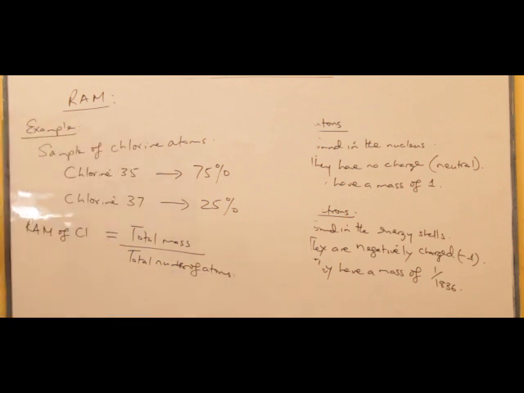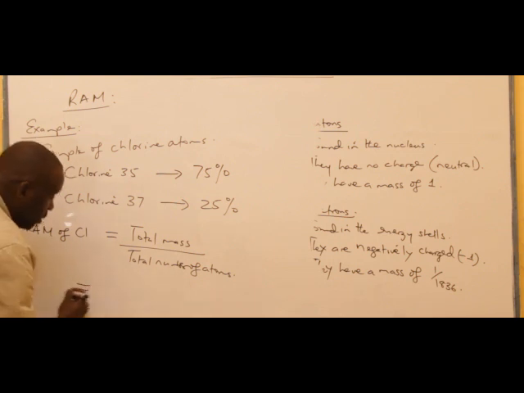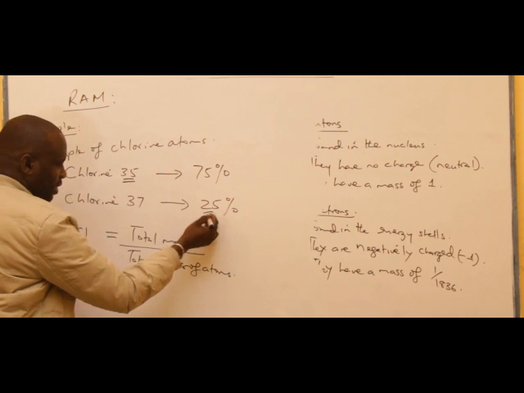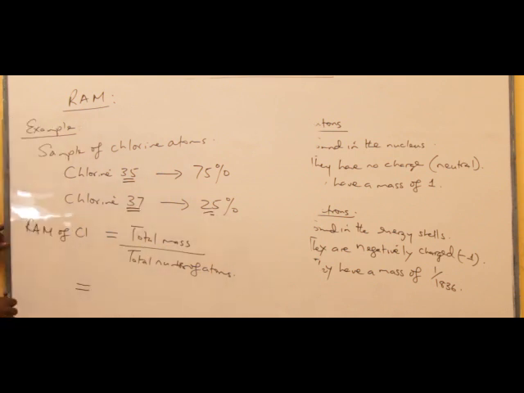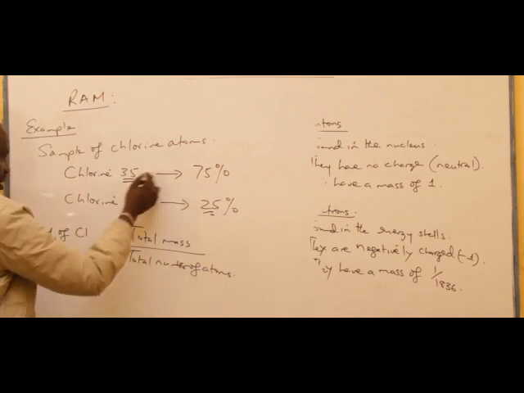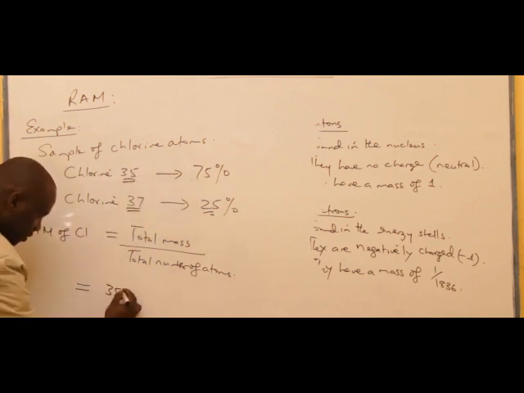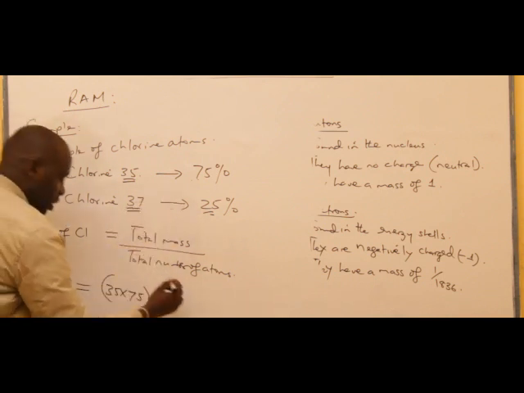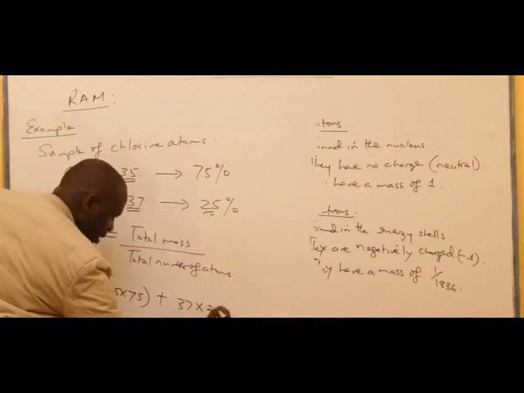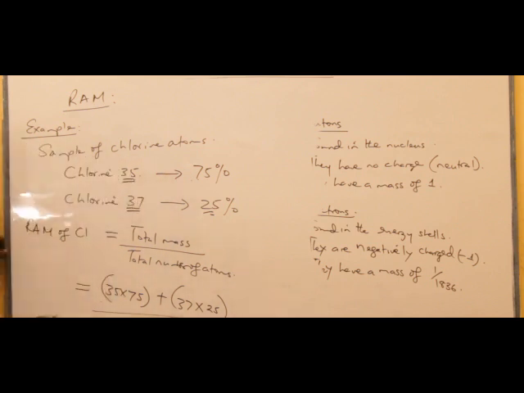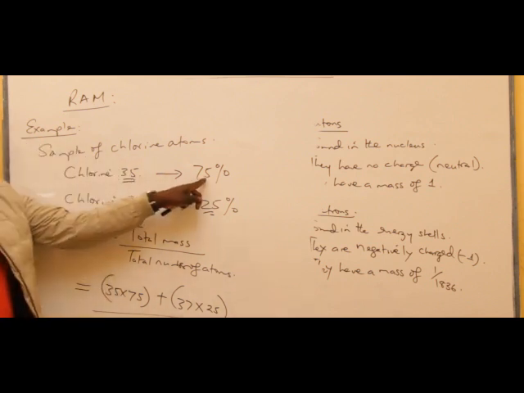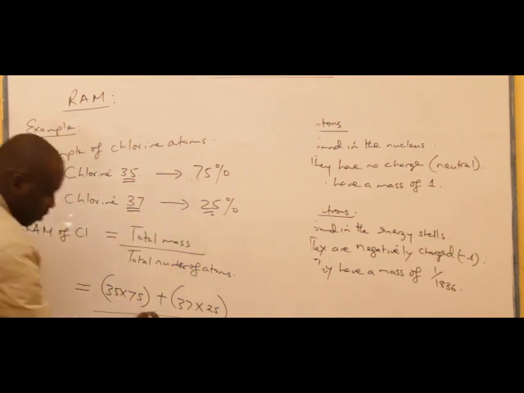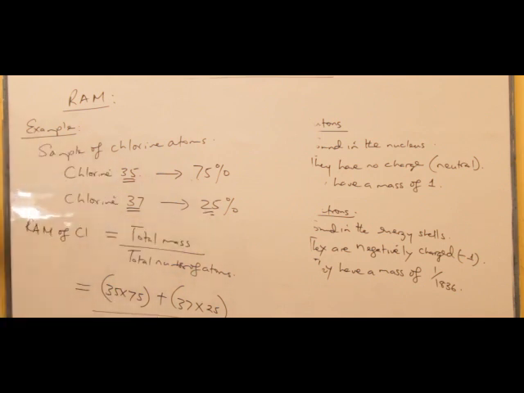If I'm to get the total mass, 75% have a mass of 35 and 25% have a mass of 37. So the total mass will be 35 times 75 plus 37 times 25. Then the total number of atoms will be the percentage here, 75%, plus the percentage here, 25%. The total will be 100.